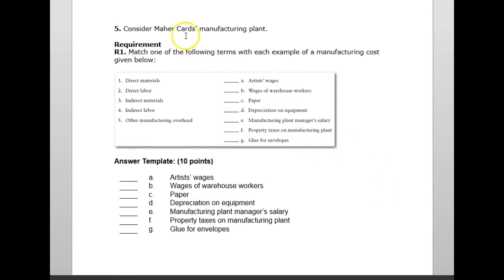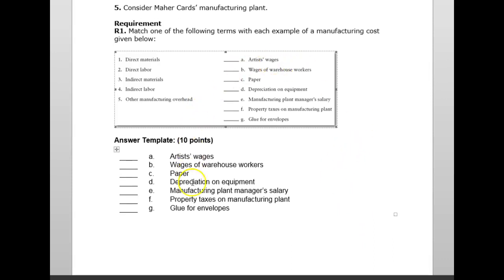Now we're going to switch and we're going to look at manufacturing. And in manufacturing, you're going to take these wages and all of this information, and you're going to decipher whether it's a direct material or direct labor, indirect materials, indirect labor, or other manufacturing overhead. You will find that information in the book.